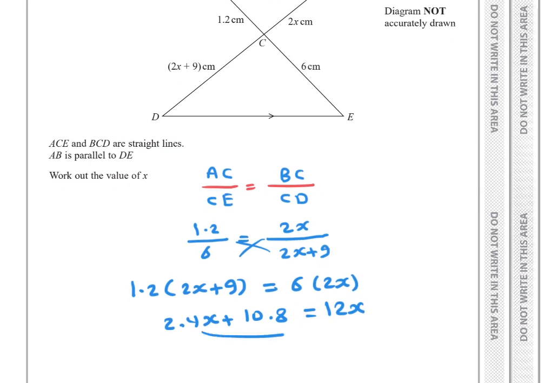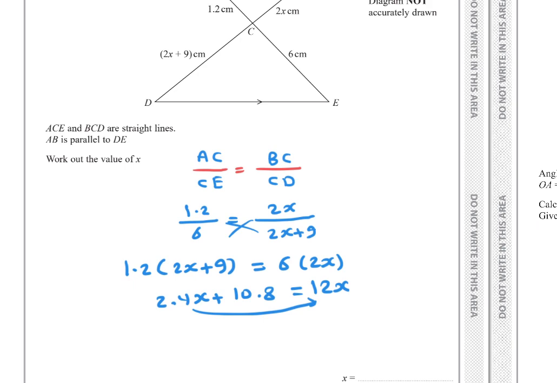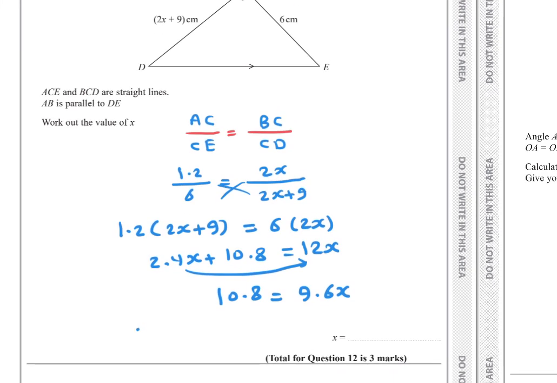Now transpose 2.4x to the other side, so 9.6x, because 12 minus 2.4 equals 9.6, so x equals 10.8 divided by 9.6 equals 1.125.